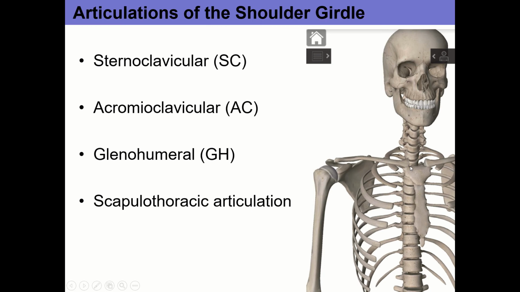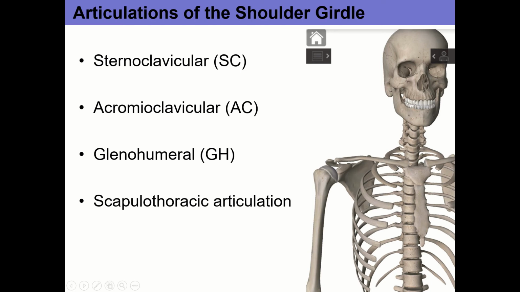So essentially what you've got is the interaction between the clavicle and the sternum, but you can break it down a little bit more in depth. Because this is on the lab 1 sheet, in terms of bones that articulate, you've got the sternal end of the clavicle, and then the sternum articulating with it. So that's your sternoclavicular joint, and we'll talk a little bit more about each of these.